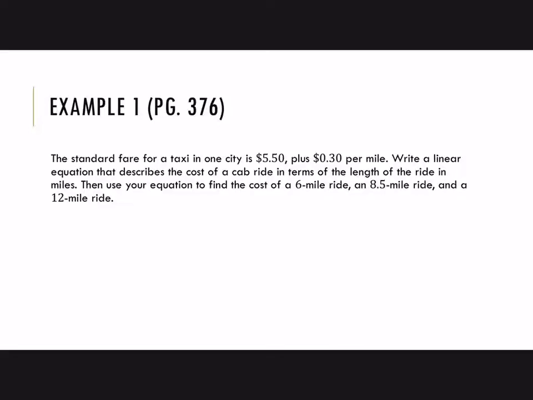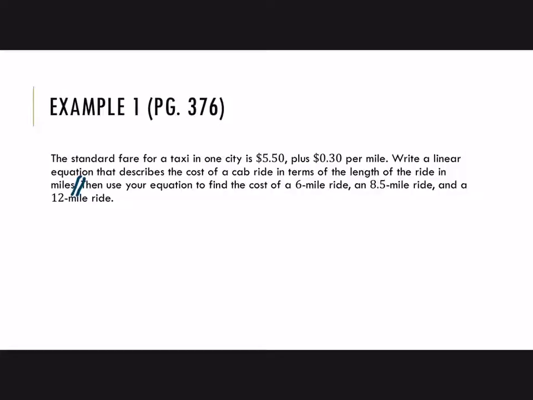Write a linear equation that describes the cost of a cab ride in terms of the length of the ride in miles. Then use your equation to find the cost of a 6-mile ride, an 8.5-mile ride, and a 12-mile ride. We'll focus on the first part up to here. The rest of it is using the equation, so first we need to have the equation.